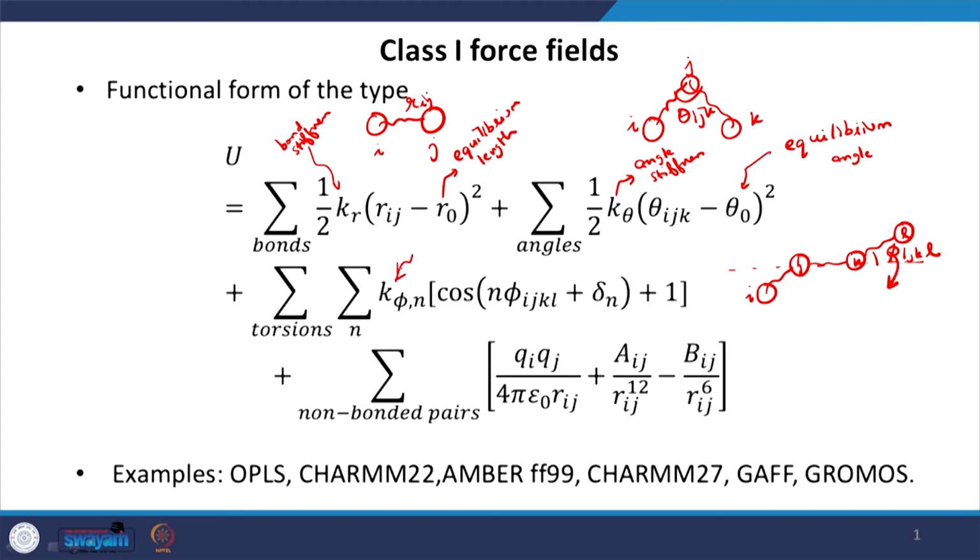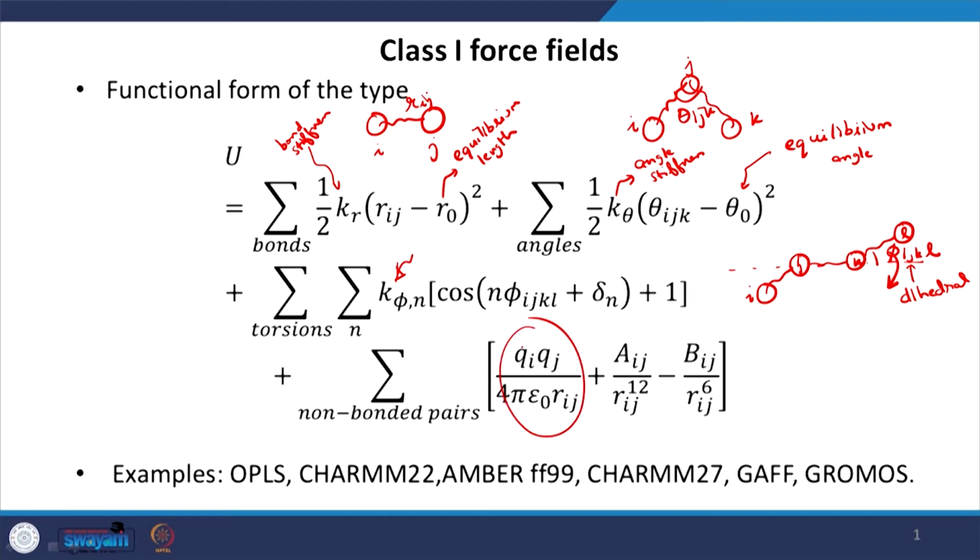Again, K is some kind of the stiffness of the dihedral angle. So, phi is called the dihedral angle or torsion angle. And then once we are done with the bonded part, we go to the non-bonded part.